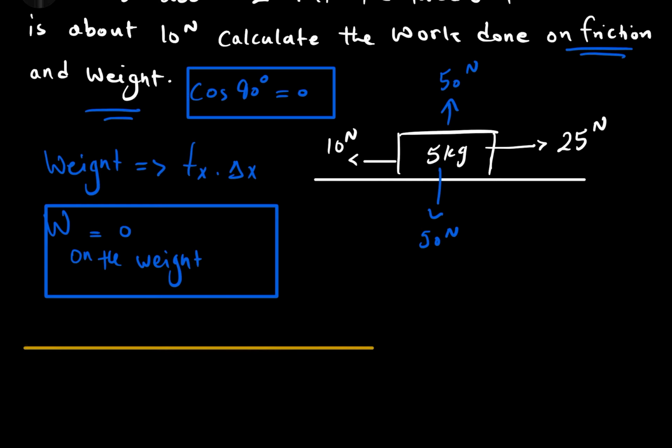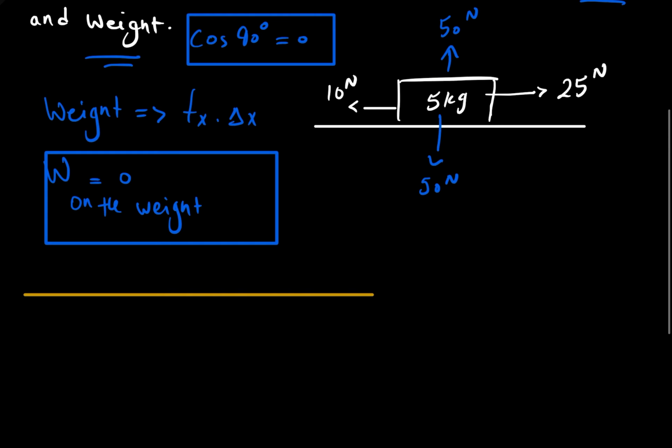Now, in the second part of this problem, we're supposed to calculate the work done on friction, and we have to be careful about the angle that we're going to have to use. First of all, the angle of the horizontal force of 25 newtons, if we use the formula for work, F cosine of theta times the change in displacement, the angle of the 25 newton force is going to be 0, and that's because it's being applied in the correct direction, and so the theta here is 0.